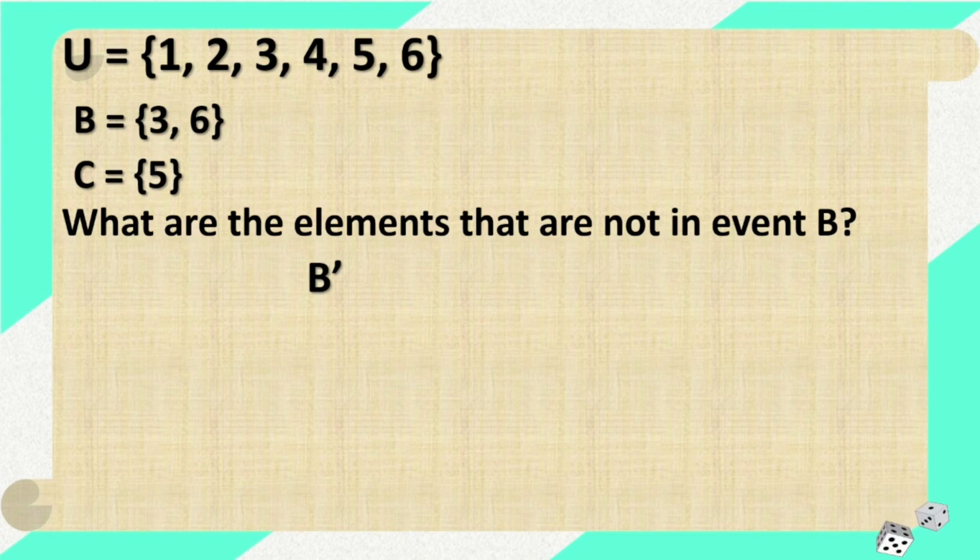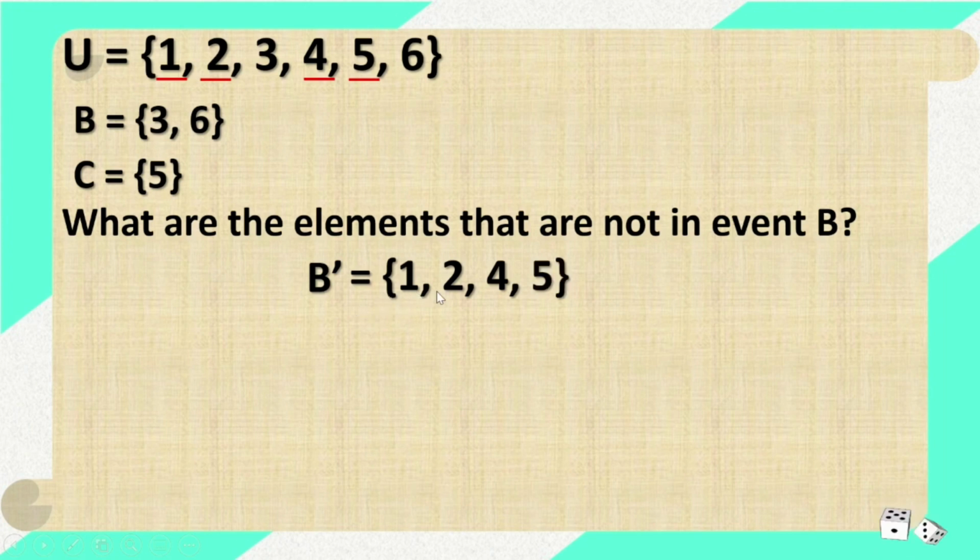So, titingnan natin sa universal set kung ano yung elements na wala sa event B. So, anong mga yon? So, we have 1, 2, 4, and 5. Therefore, the B complements are 1, 2, 4, and 5.